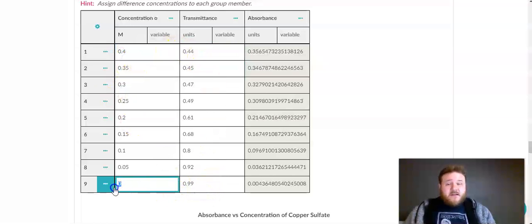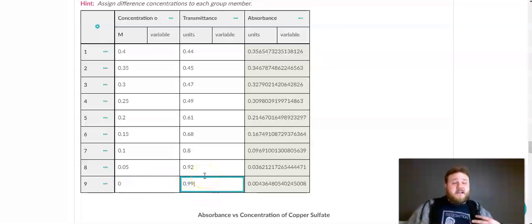When the concentration is 0, I got a 0.99 transmittance. That was my call as a scientist. You may think, well, it's distilled water, it should have 100% transmittance. Maybe not. Maybe it looks like it's 99% transmittance. So you make that call as a scientist doing your own measurements.